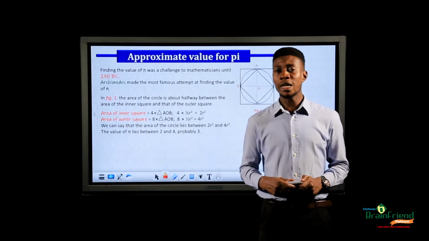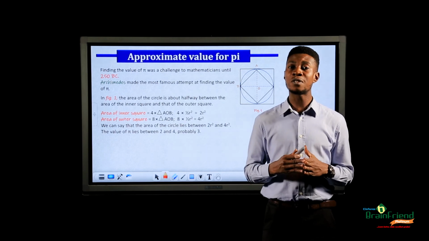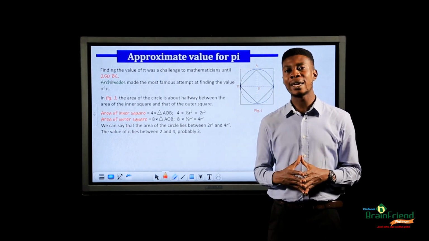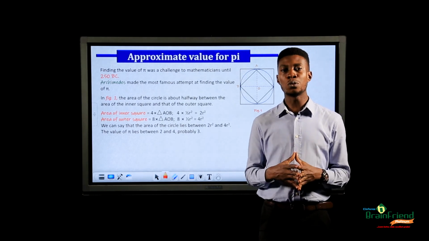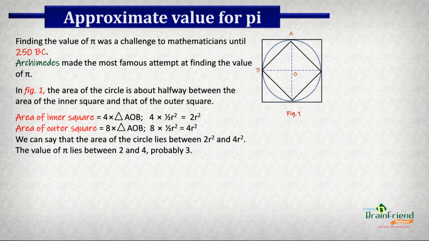A mathematician known as Archimedes around 250 BC made studies about the value of pi and the properties of a circle. Let's see some of the things he found out. Archimedes had a circle, as you can see, and then he inscribed a square inside the circle and another square outside the circle.